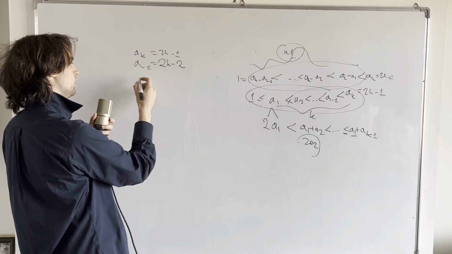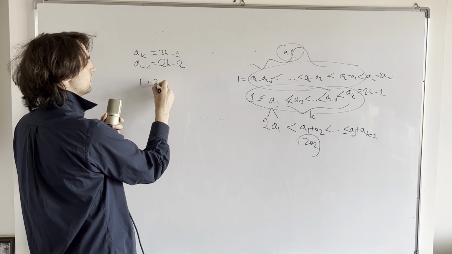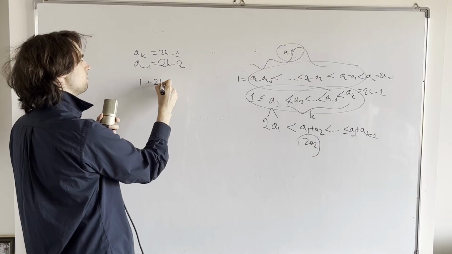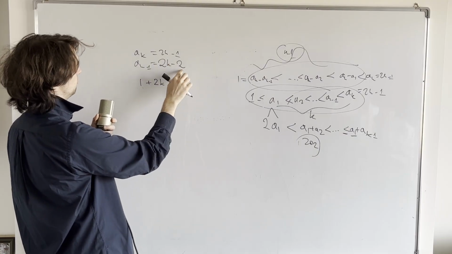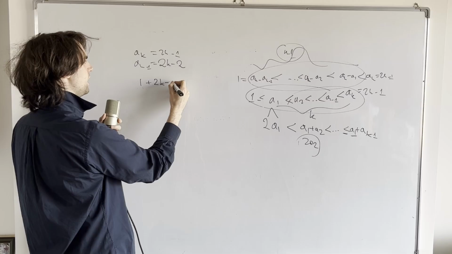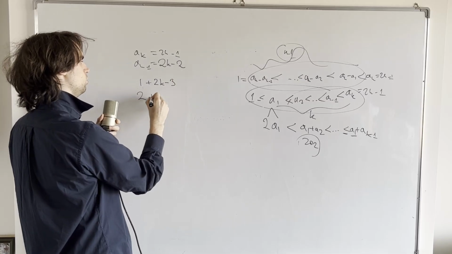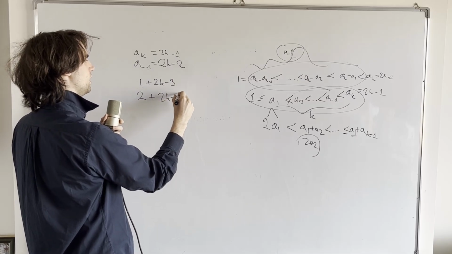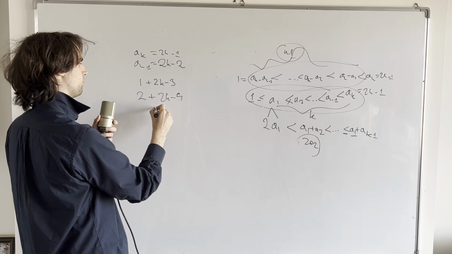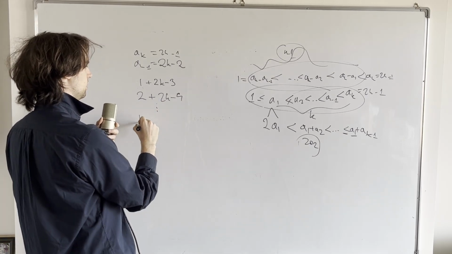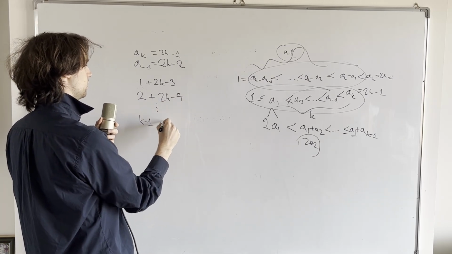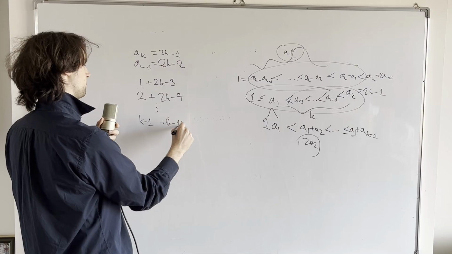Now, A_k is 1 plus, actually, let's look at this one first. 1 plus A_{k-3}, 2 plus 2k minus 4, all the way till k minus 1 plus k minus 1.